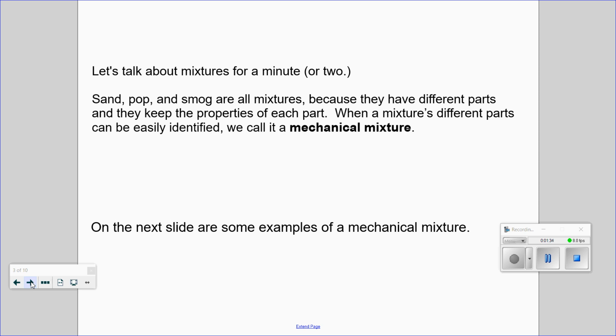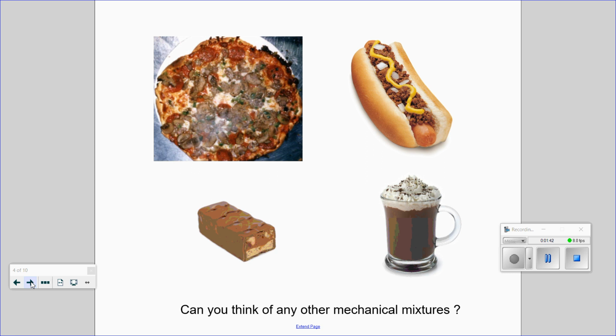Let's advance to the next slide for some pictorial examples of mechanical mixtures. Of course, I've got food on my mind. The pizza, a beef dog, maybe a chili dog, I don't know.